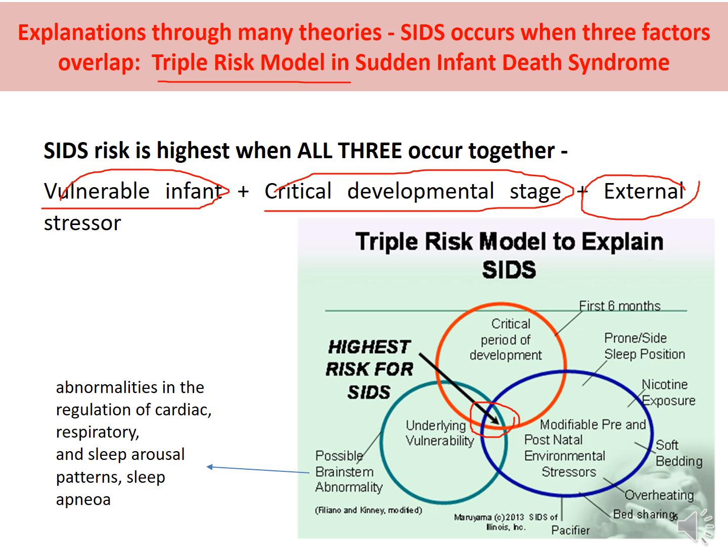So these are the vulnerable infant factors. Once all three overlap, getting a common point, this is the point where you get SIDS death. So this is a model that they have put forward to explain SIDS death.